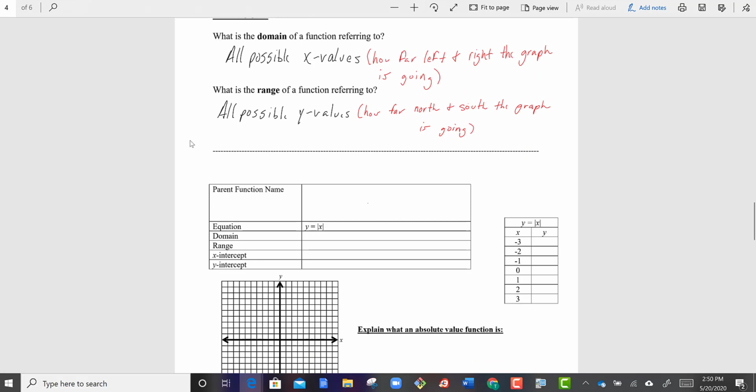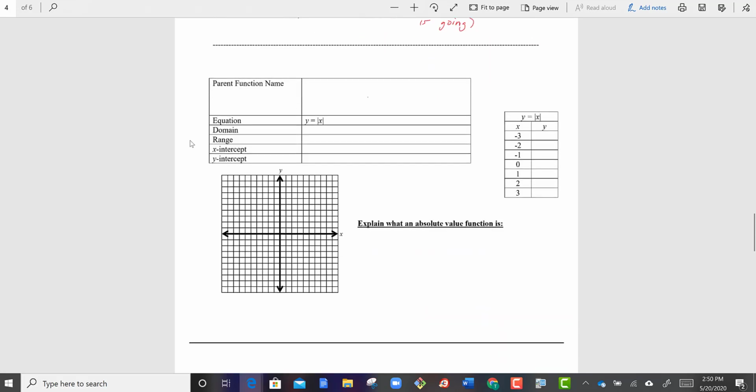The first parent function we're going to look at is the absolute value parent function. Absolute value means distance from zero. A lot of times we mistakenly think it just makes everything positive, and that's not necessarily the case.